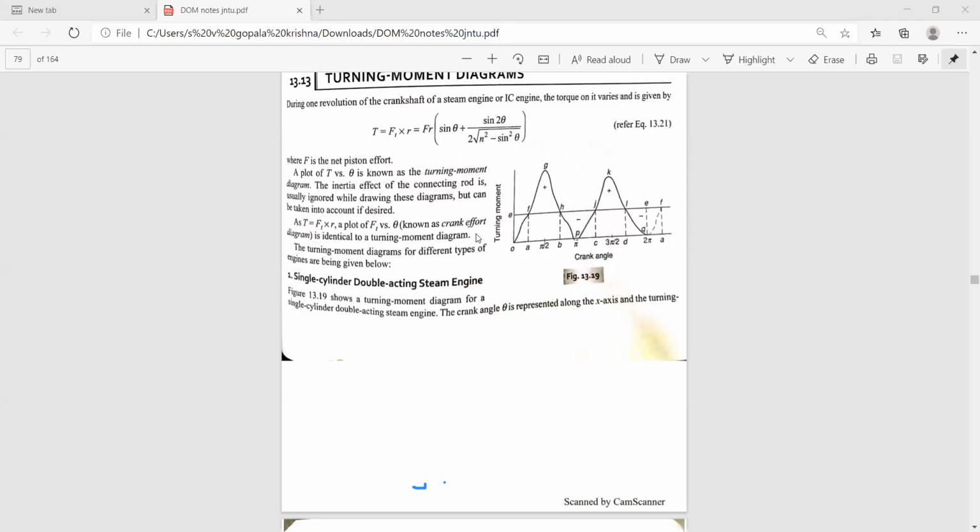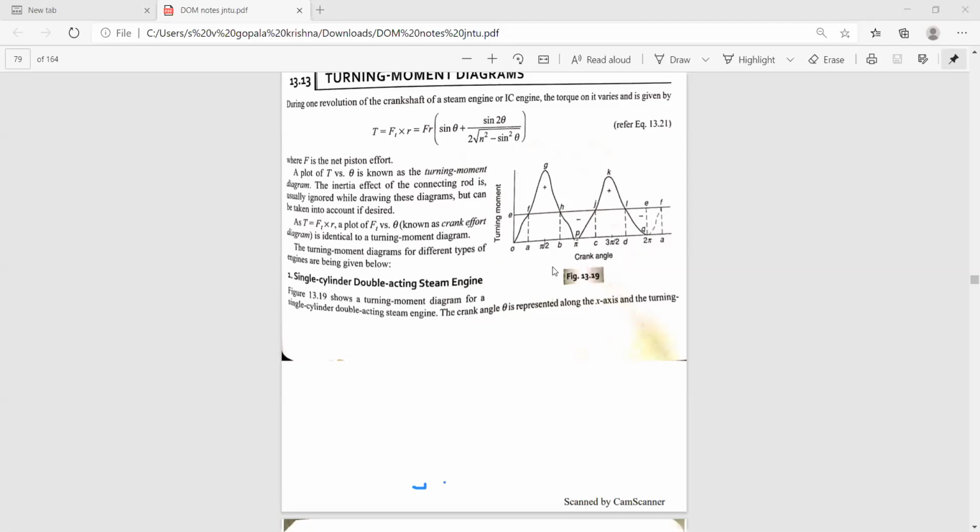The mean torque is represented with the line E. So this is our diagram for the single cylinder double acting steam engine. The diagram is related to the turning moment diagram.